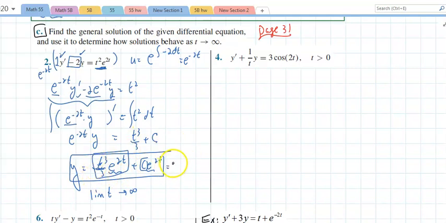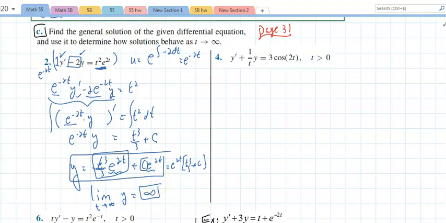So you could look at this as e to the 2t times t cubed over 3 plus c. Regardless of c, since c is a constant, if I take the limit as t approaches infinity of this solution, this will diverge. Alright?